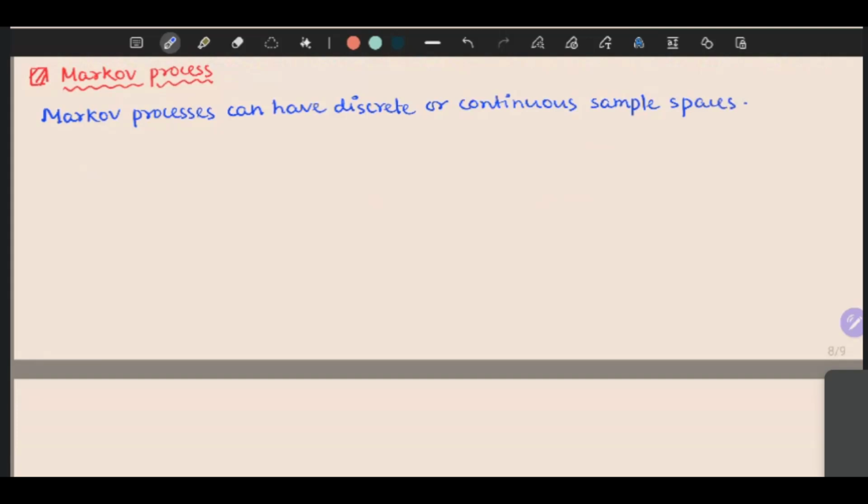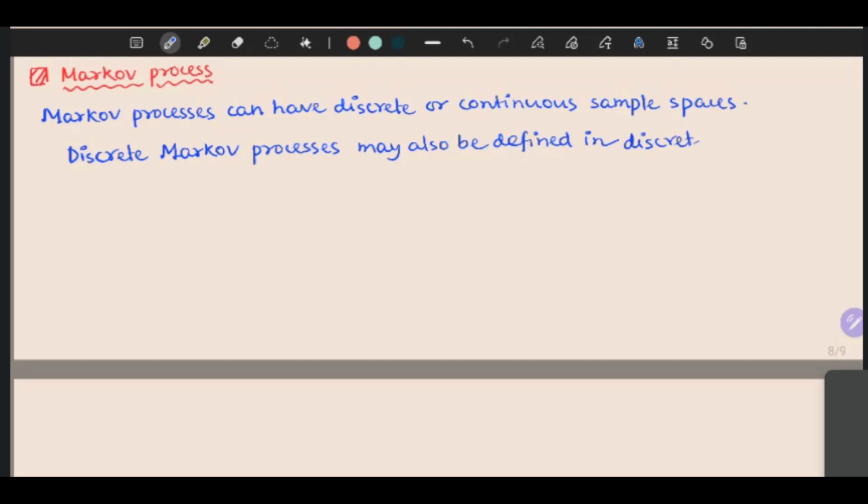Now, discrete Markov processes may also be defined in discrete time.